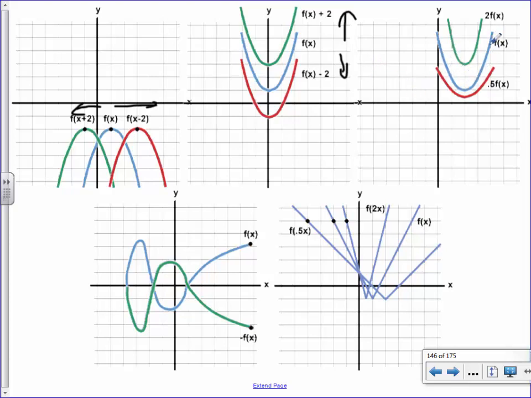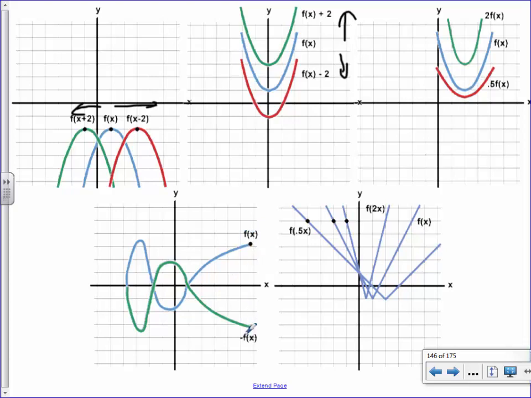If blue is your original function, the 2 made everything taller. All of these points are now a little higher than they used to be. If you like my Curious George mirror analogy, this is the mirror that makes you look really tall. However, if you put a 0.5 in front of it, all of the blue points are now shorter than they used to be. So that's the mirror where Curious George is now shorter. Does that make sense?